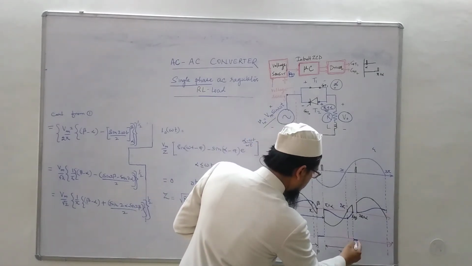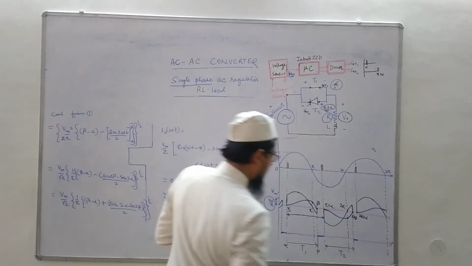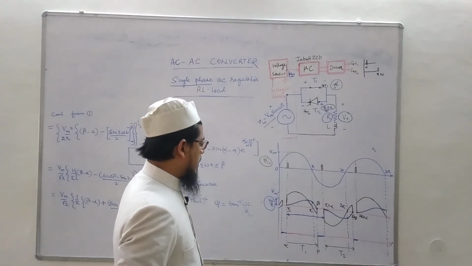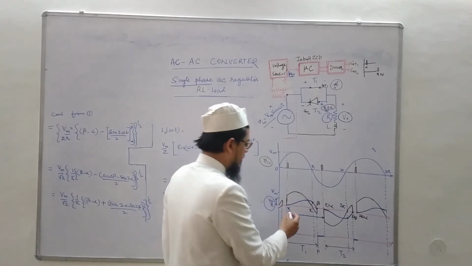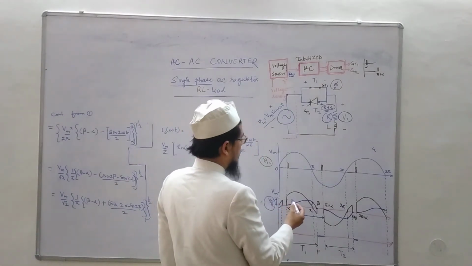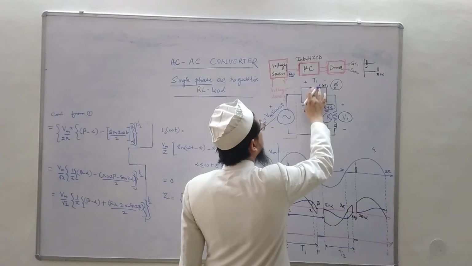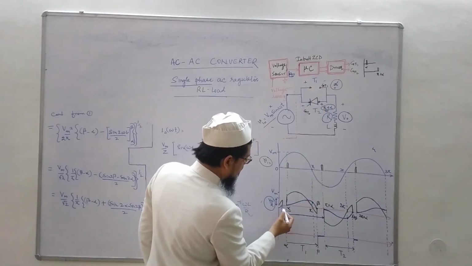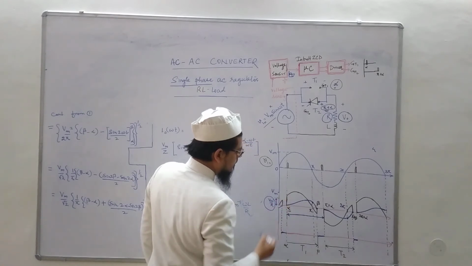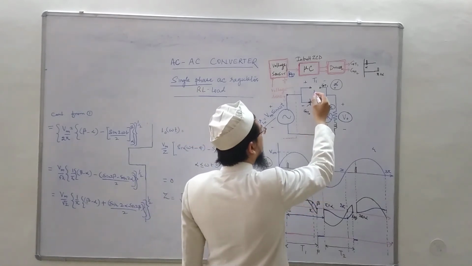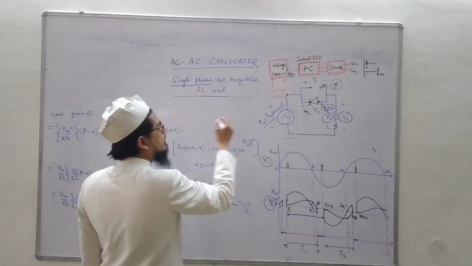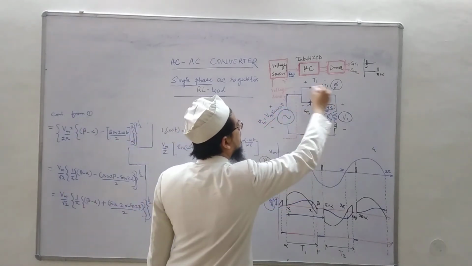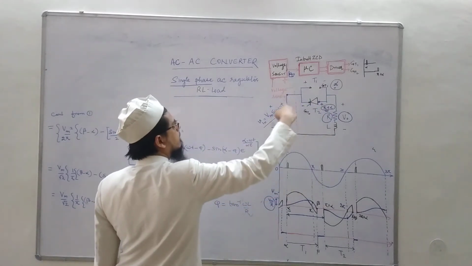I have drawn it till here, sorry, it will be till here. So when T1 is not conducting, from this point to this point, the voltage that would be appearing across T1, let us try to apply KVL, and let me take this loop in this fashion.